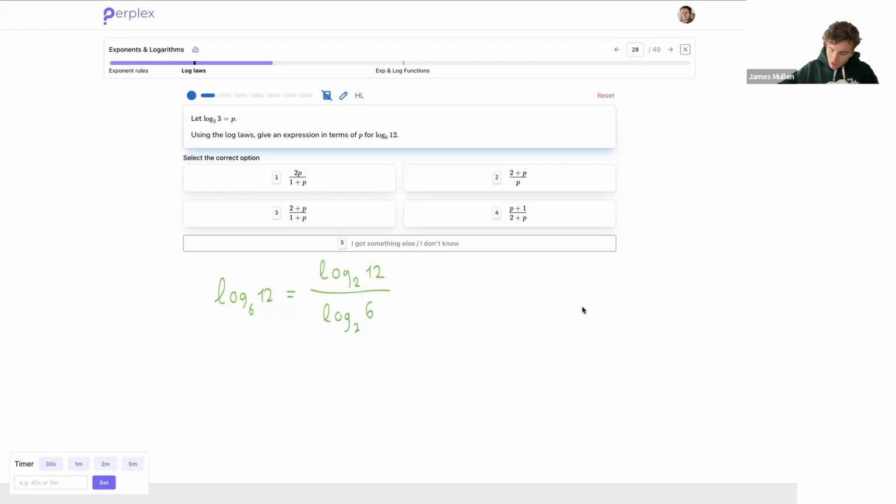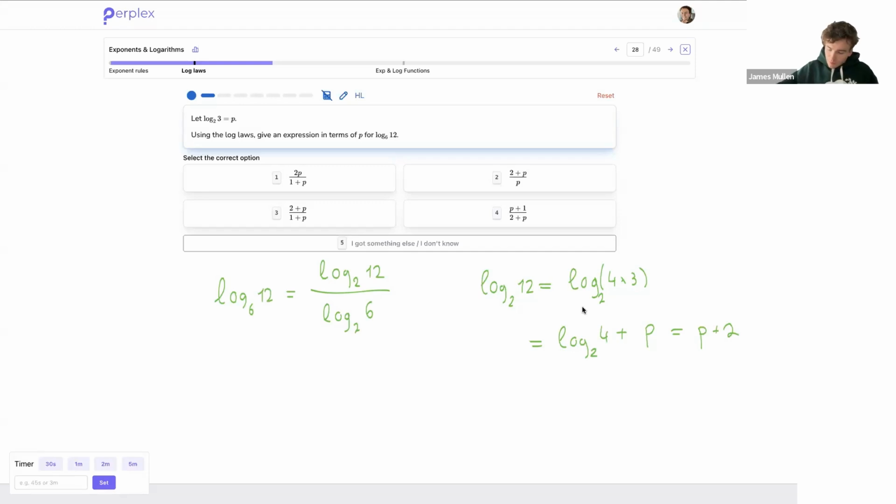And then I recognize that 12 is 4 times 3, so it's log base 2 of 4 times 3, which is log base 2 of 4 plus log base 2 of 3, and that's just p. Now, log base 2 of 4 is equal to 2, so this is p plus 2.